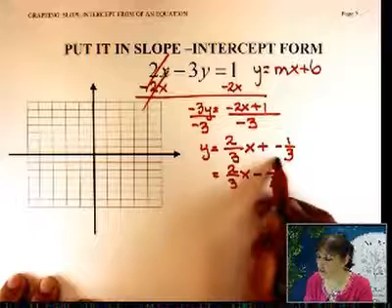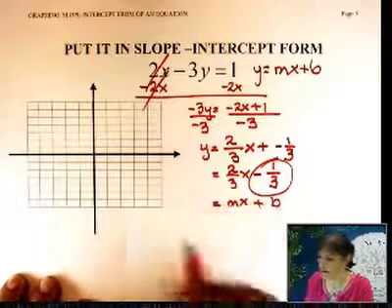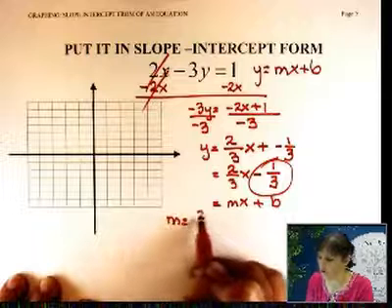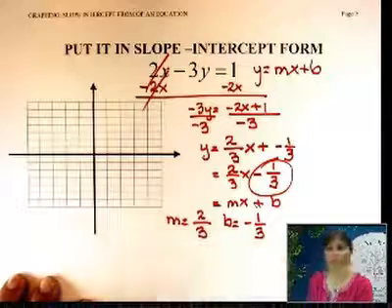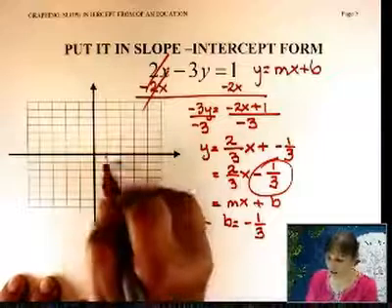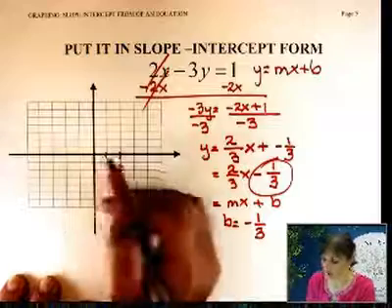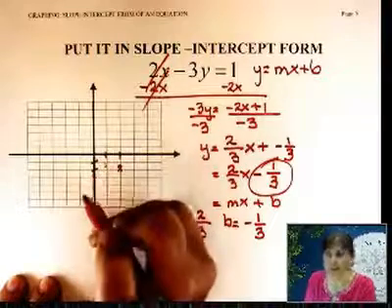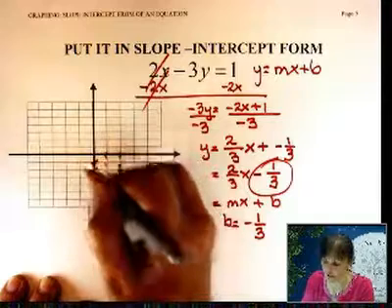So I'll start with the y-intercept. Here's my m. Here's my b. m is 2/3, and b is negative 1/3. Okay, let's do it. Here's 1, 2. I'll start with negative 1/3. Negative 1, negative 2. Negative 1/3 is around here.